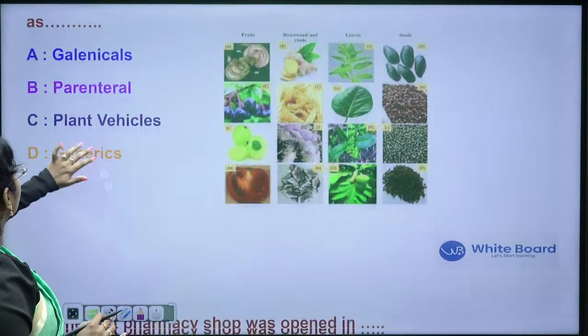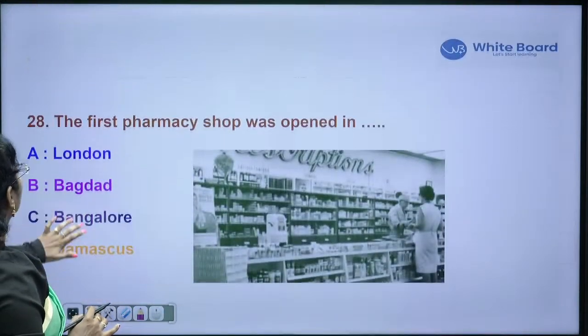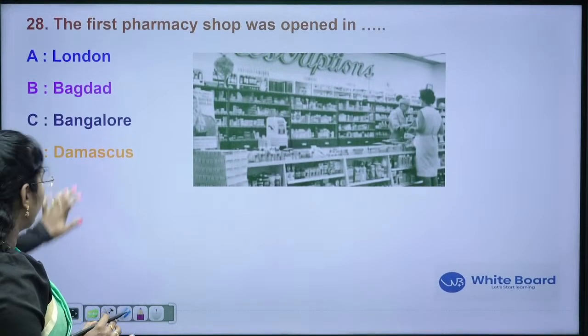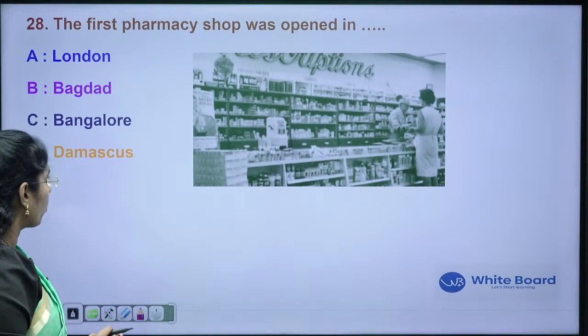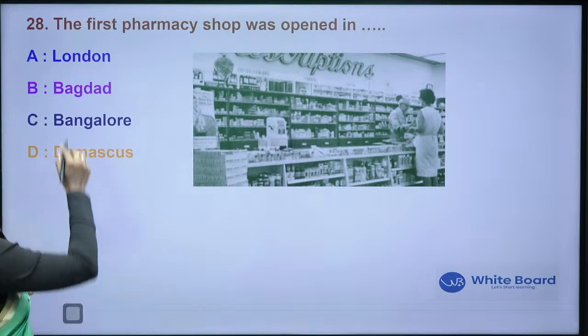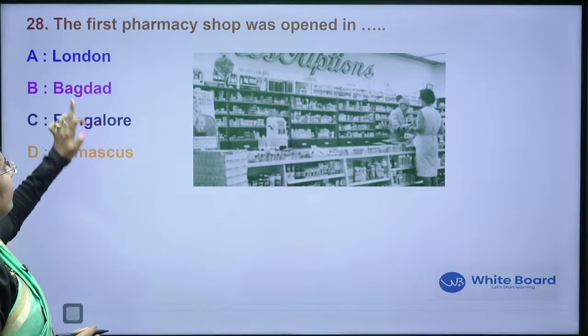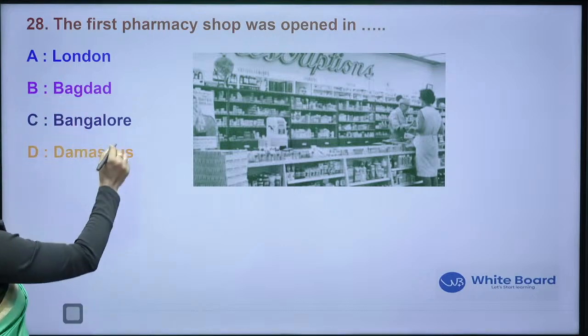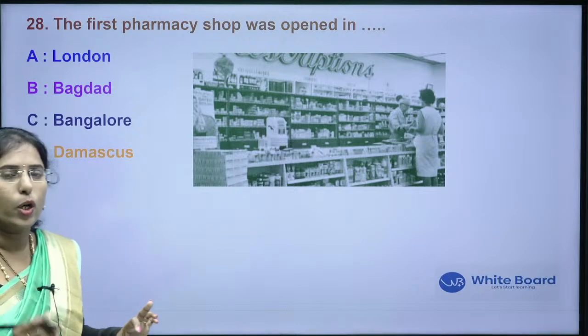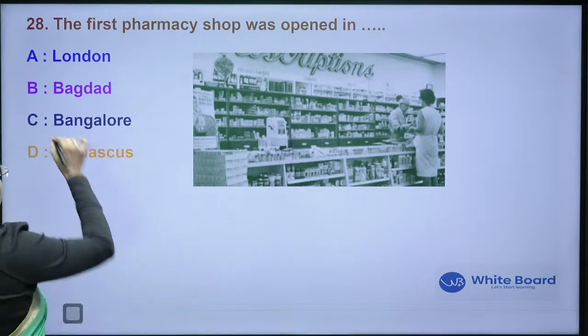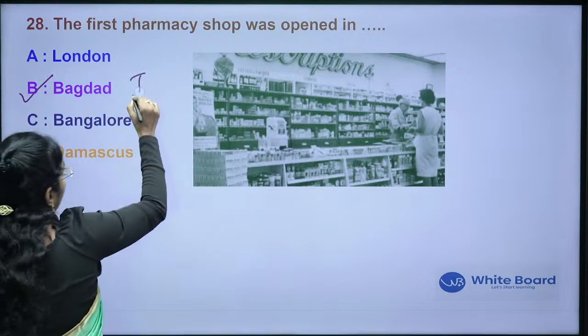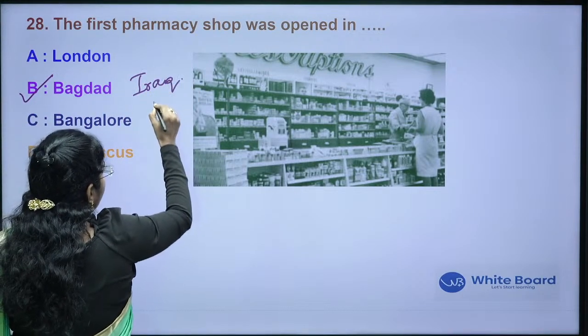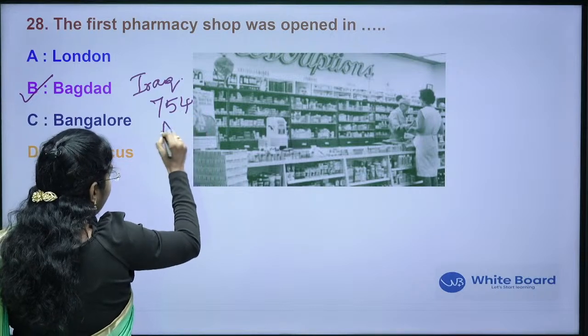Next question is question 28. The first pharmacy shop was opened in. The options are London, Baghdad, Bangalore and Damascus. It was first opened in Baghdad, that is in Iraq, in 754 AD.